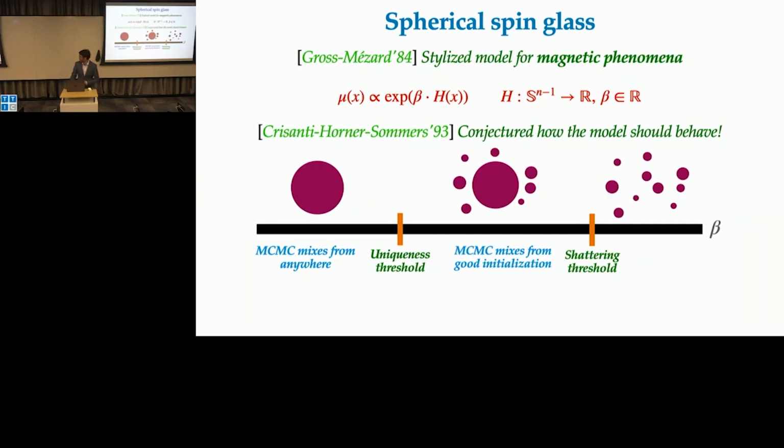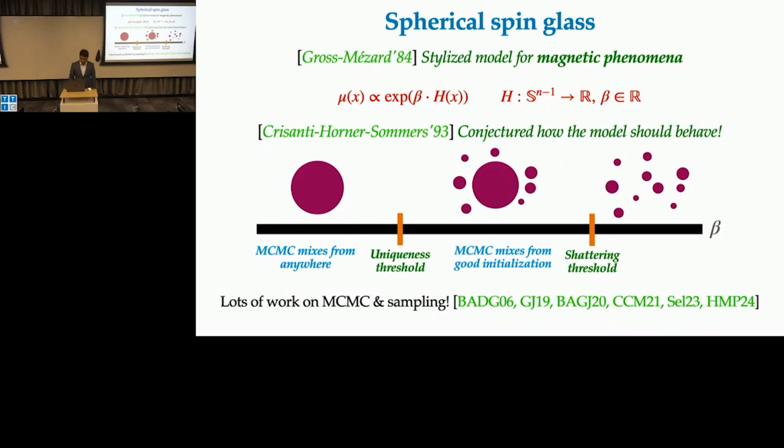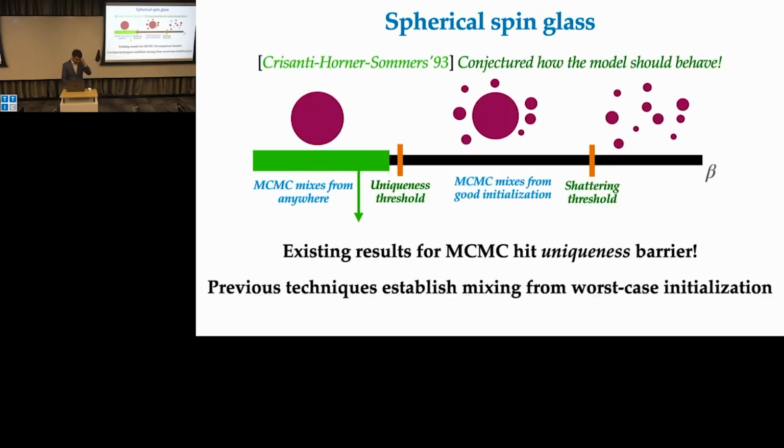And once they made a series of conjectures for this model, there was a lot of follow-up work on trying to prove these conjectures from the mathematical physics and probability theory communities. However, despite a lot of work, many existing results for the Markov chain hit this uniqueness barrier. They could not get past the first threshold.